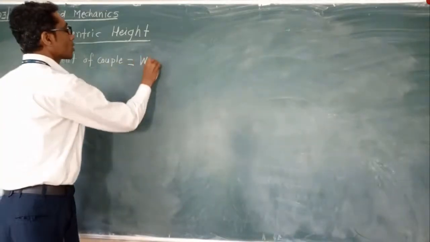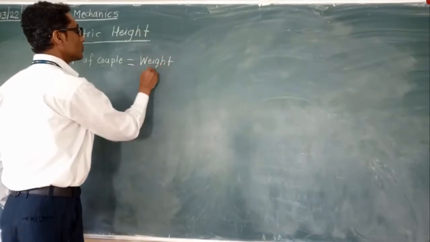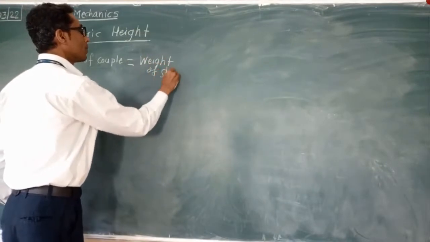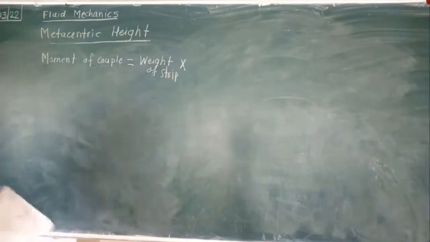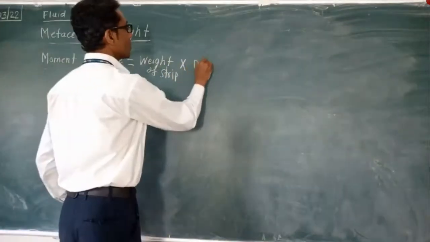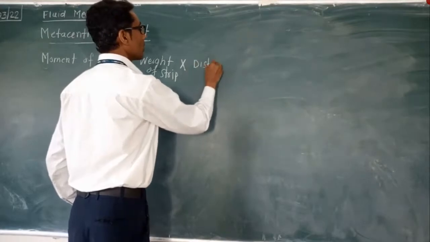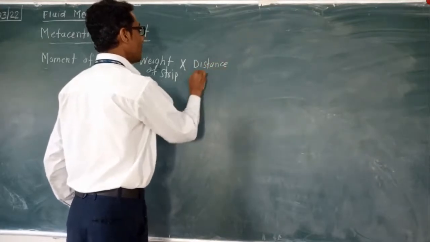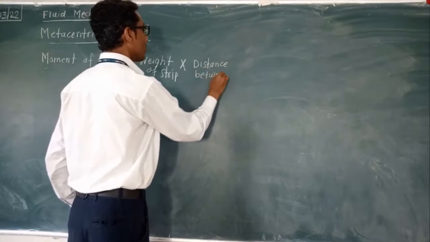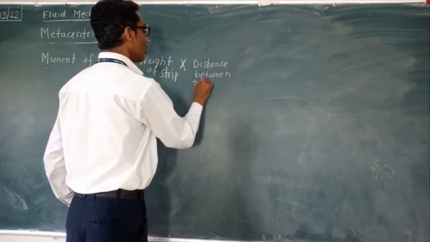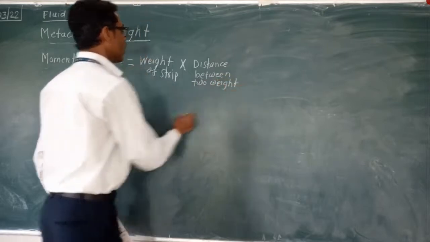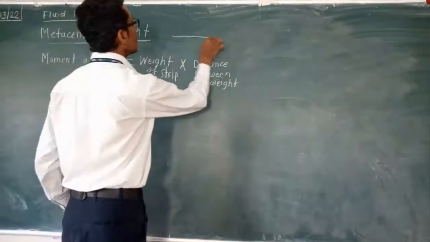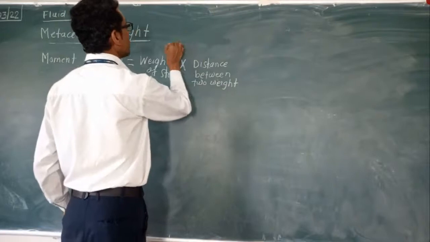It is a product of the force, weight of strip, multiplied by the distance between two weights, okay, because they are on the left and right side.